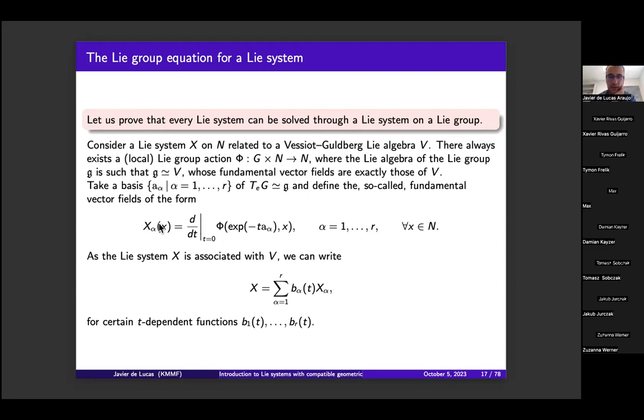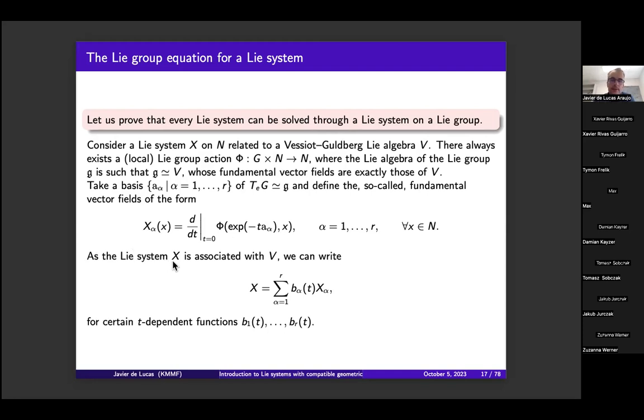And by this definition, X_alpha will be a certain vector field tangent to this orbit. When you pick all the fundamental vector fields, they span the tangent space to the orbits of the group. So these vector fields are very important because they tell you the distribution tangent to the orbits of the Lie group acting on the manifold N.